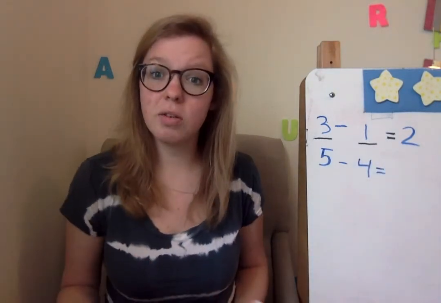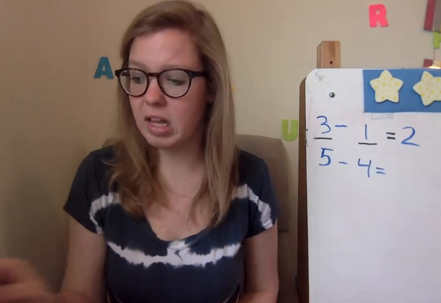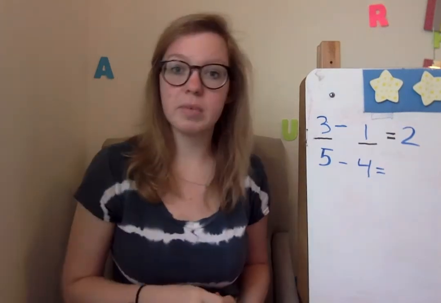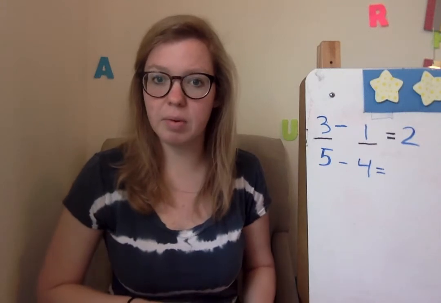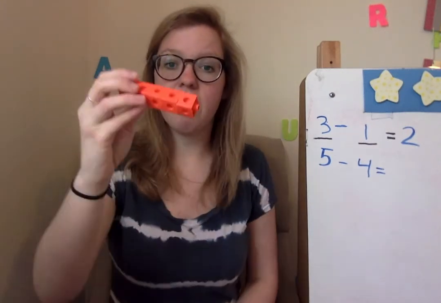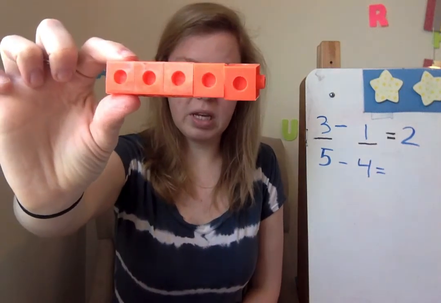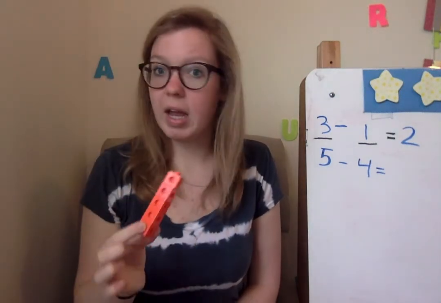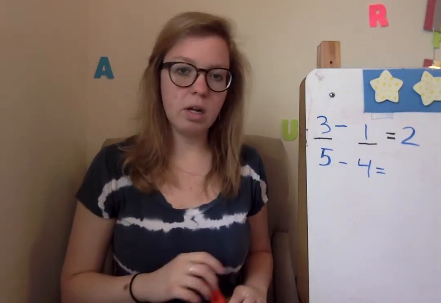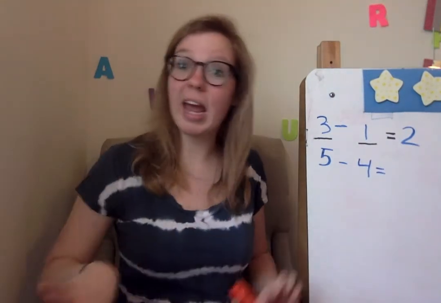If you're going to use blocks or something like that, first you need to count out the bigger number. You always start off with the bigger number when you're using manipulatives. I counted out 5 orange cubes here. You might count out 5 pieces of cereal or 5 of whatever you have. Now, this minus, remember, it means take away.